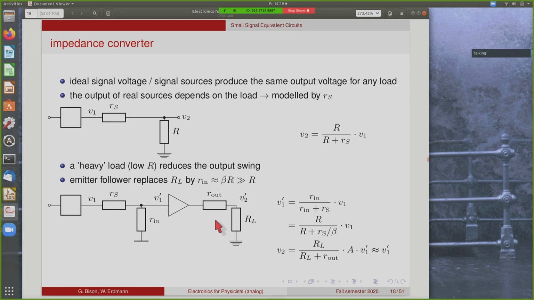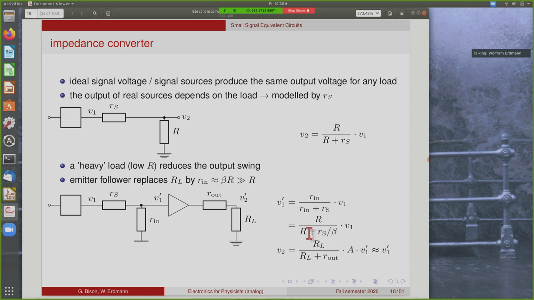Now, if you put an emitter follower in between your not ideal signal source and your load, so this is shown here. This is our emitter follower as an impedance converter. Then you basically replace the load resistance. Sorry, this should not be RL, it should just be R. You replace this resistance by the input resistance of the emitter follower, which is a large number. So this V1 will be very close to 1.